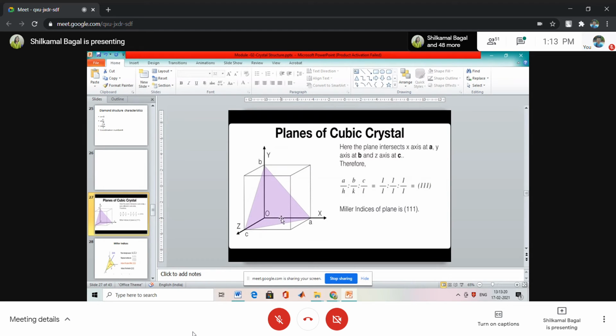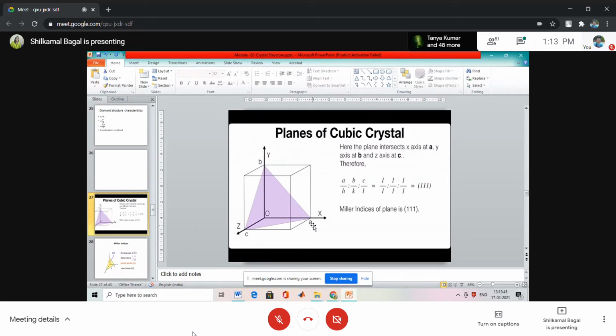Suppose at this corner, if this is the unit cell having unit dimension, that is 1 unit dimension of the edge of the unit cell, this plane has a 1 unit intercept along axis A, 1 unit intercept along B, and 1 unit intercept along C. Here we will not say x, y, z.